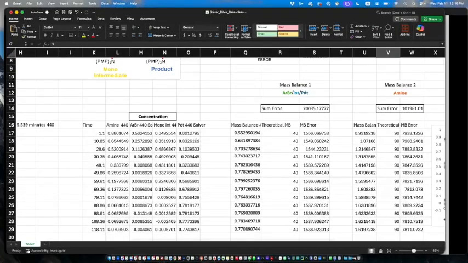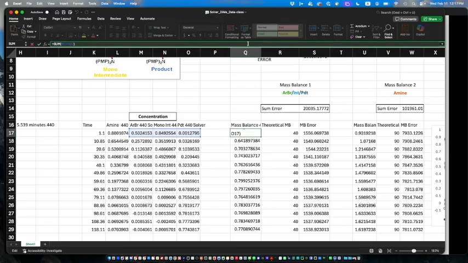So I take those concentrations, and then what I have here is a mass balance, and you see I have 2 different mass balance calculations. This one is in reference to the electrophile. I'm calculating the mass balance with respect to the electrophile by taking my electrophile, my mono, and my product, and I'm just adding them 1 to 1 to 1.